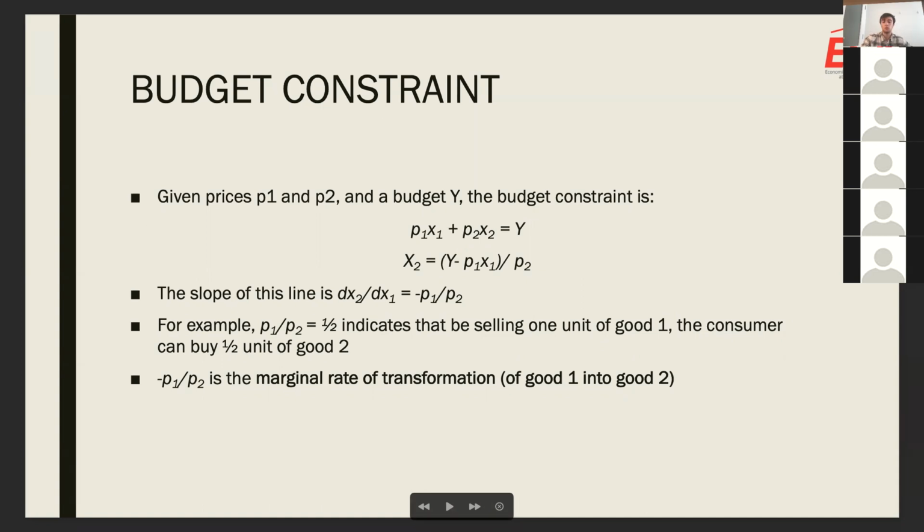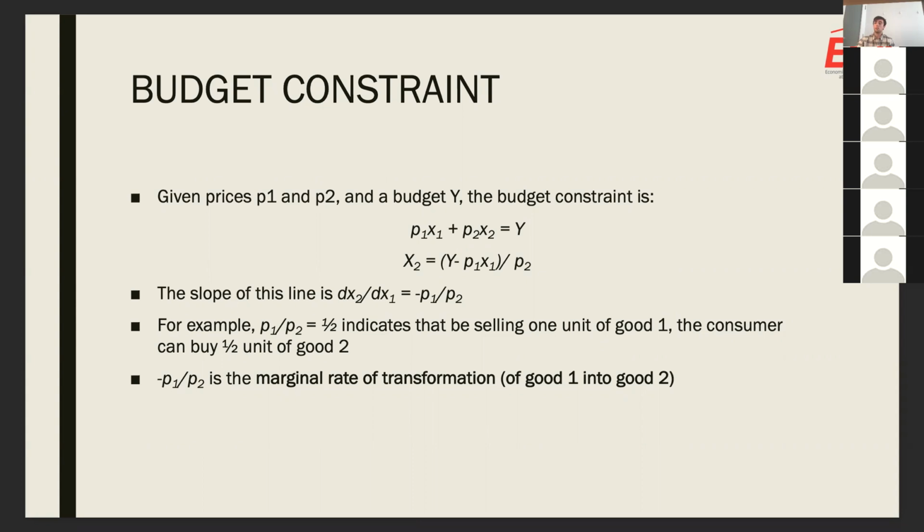So now we will continue to budget constraints, which is probably the first thing that you all covered. It's one of the easier things. It's literally just slope-intercept form. For anyone who took math in high school, you're going to be able to handle the budget constraint. So if you're given the prices for good 1 and good 2, price 1 and price 2, and a budget Y, which your professor probably denotes as M, the budget constraint is going to be the price of good 1 times the quantity of good 1 plus the price of good 2 times the quantity of good 2 equals your budget.